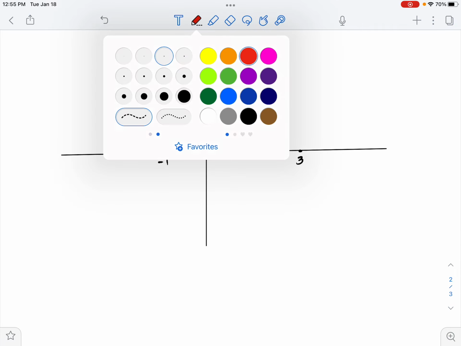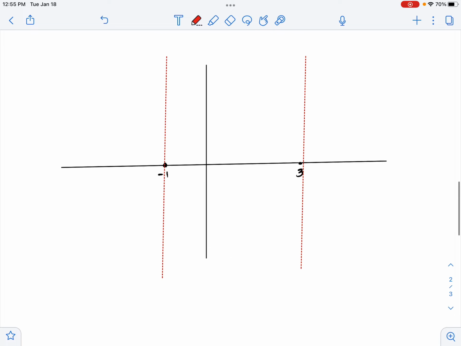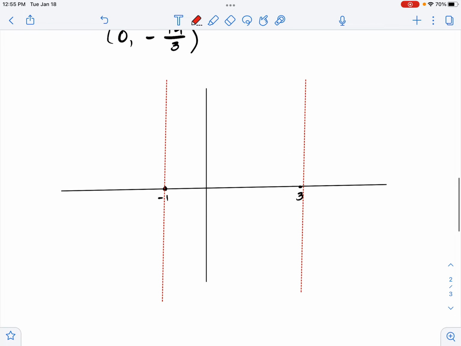It's just to have an idea. So I'll have a vertical asymptote there, and a vertical asymptote right there. So I have two vertical asymptotes. I know that my horizontal asymptote is just going to be the x-axis. It's going to be there.